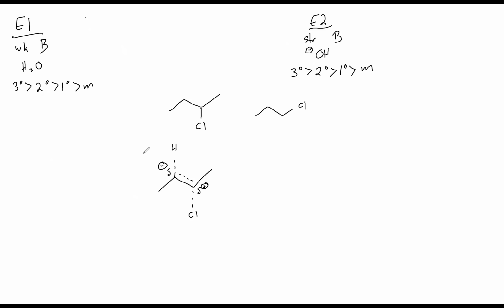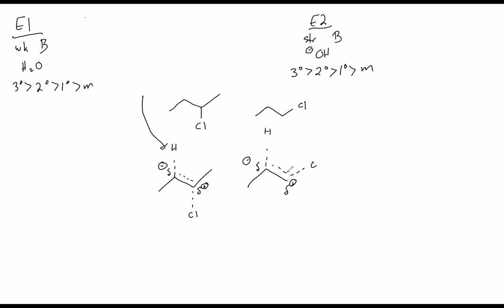The reason why this is partially negative is because the hydrogen is being taken away, so that carbon is going to take the rest of those electrons. So that means it has to be partially negative. Now let's compare this one here. This is going to be partially positive. Again, this one will be partially negative. We end up with a hydrogen here and a partial double bond. Okay? Does this make sense so far?